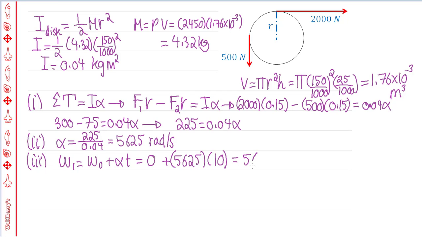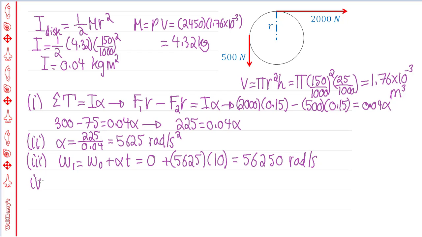You can clearly see it becomes 56250 radian per second. Go back to this here, change it to radian per second squared. Don't forget alpha is radian per second squared in part 2.